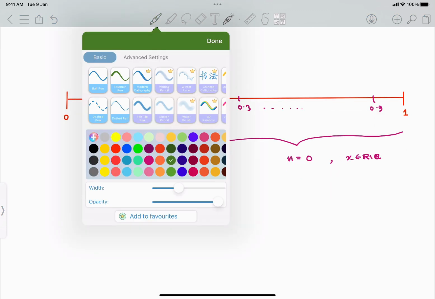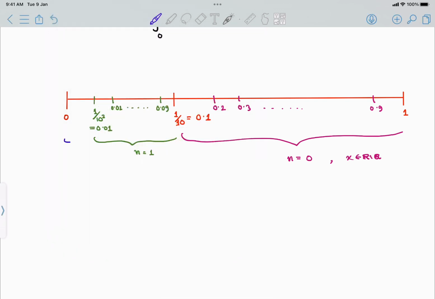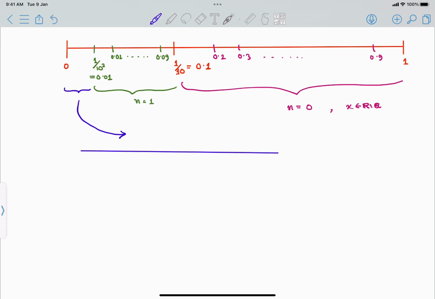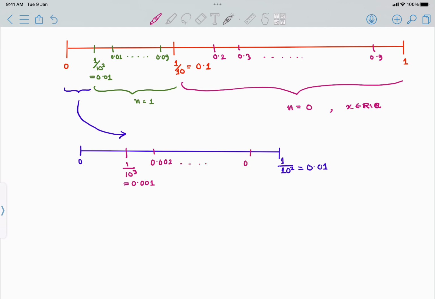Now again if we zoom into this part, from 0 to 1 by 10 squared, this is 0.01. Suppose this is 1 by 10 cubed, so this is 0.001, and then 0.002 up to 0.009.